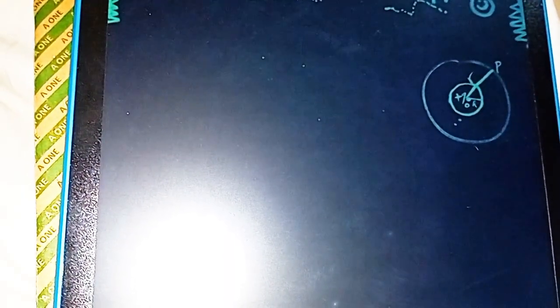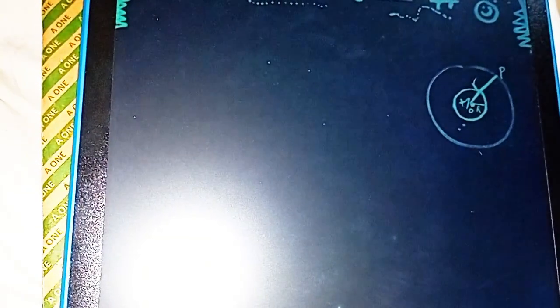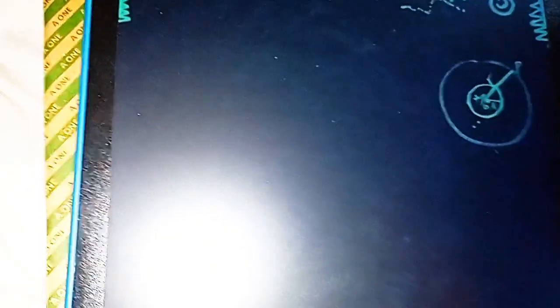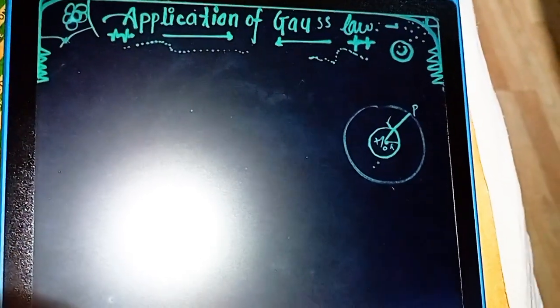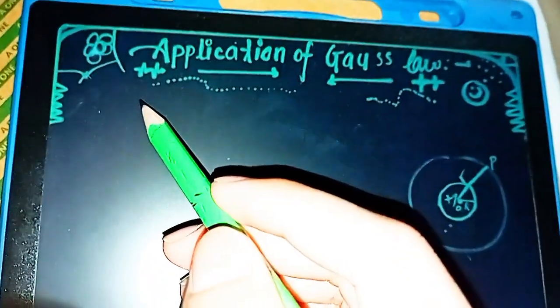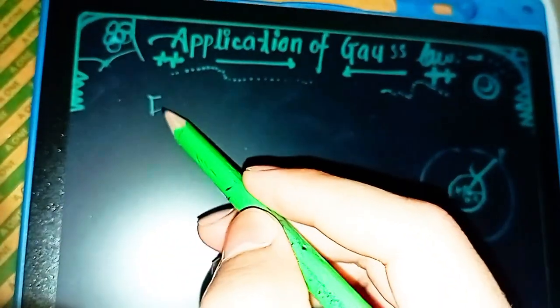Considering the Gaussian surface at this point P, where the electric field intensity is the same at every point on the Gaussian surface, we can write from Gauss law.